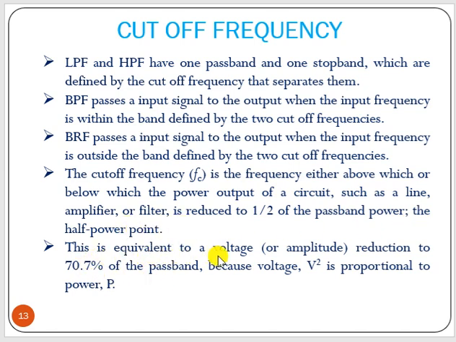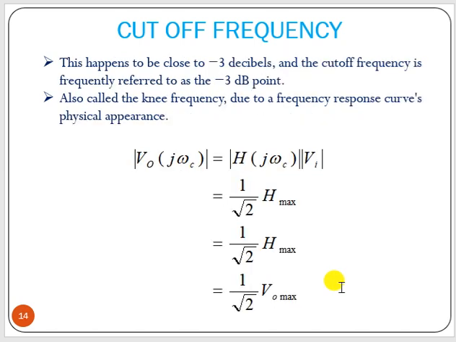This is equivalent to a voltage or amplitude reduction to 70.7%, because we have to go down by 1 by root 2 of the passband, because V square is proportional to P. Now this happens to be close to the minus 3 decibel point, so the cutoff frequency is frequently referred to as the minus 3 dB point.